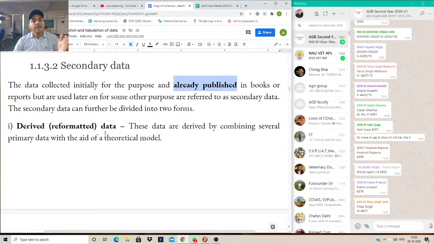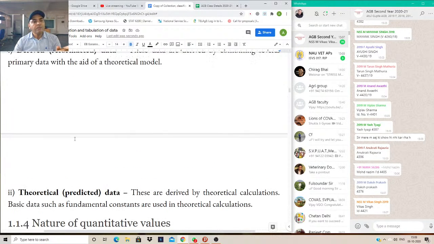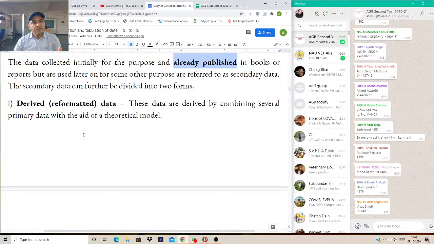Now the secondary data can be divided into two parts. One is the derived data and the other one is the theoretical or predictive data. So derived or reformatted data is that which is derived by combining several primary data with the aid of a theoretical model. For example, a particular model wants the age and the weight to calculate certain parameters.